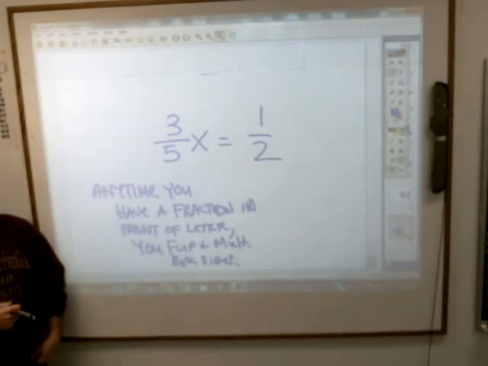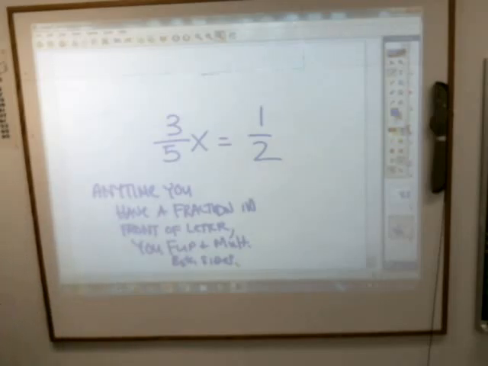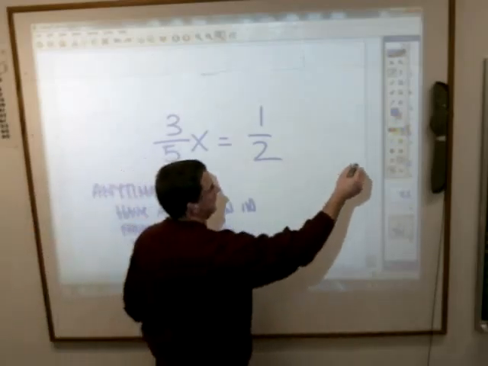Because division, when you do fractions, is the same as multiplying by its reciprocal, you don't have to do all those steps. It will just look like this.